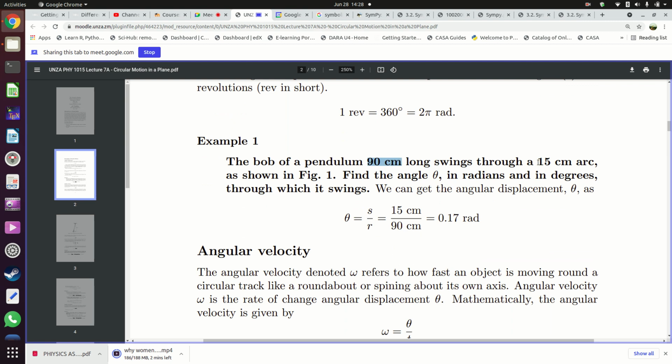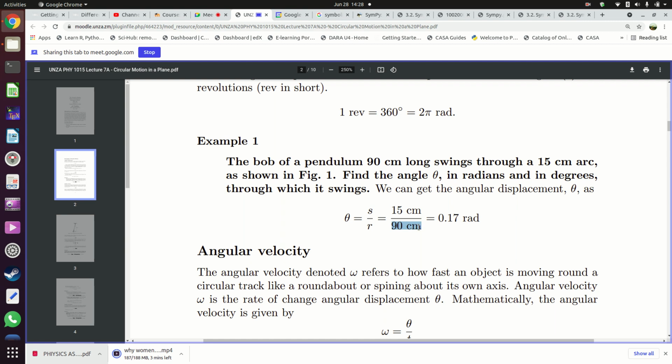Then the arc length in which the pendulum moves is 15 centimeters. So we can find theta, which is the angular displacement. The angular displacement theta is equal to s divided by r, and s, the arc length, is 15 centimeters divided by radius 90 centimeters.